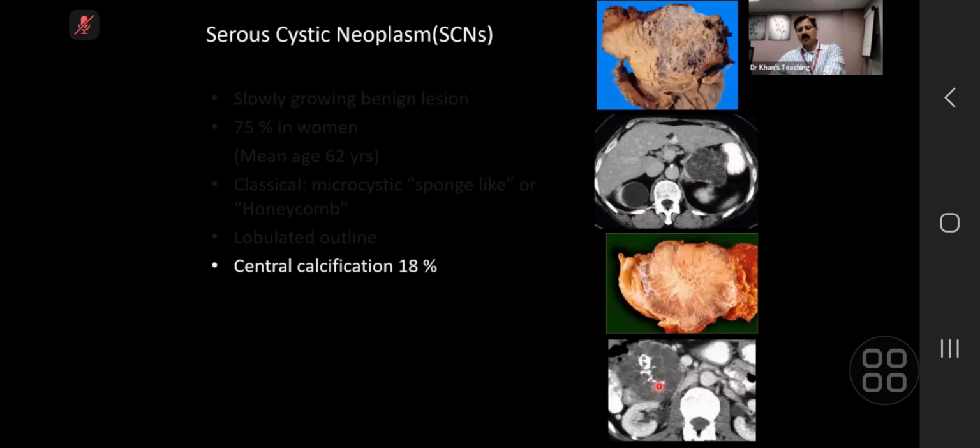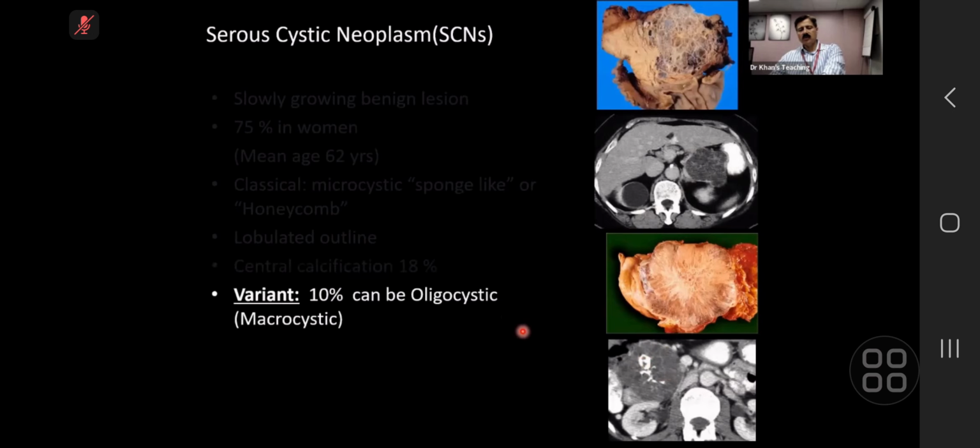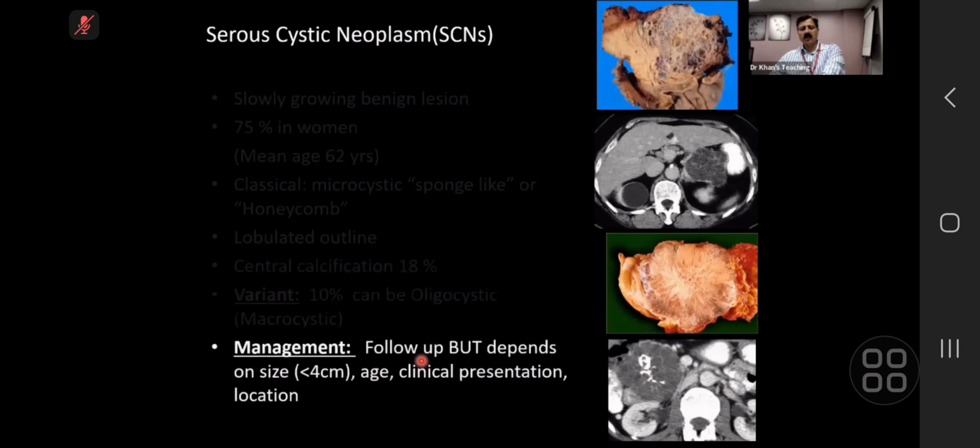If there is calcification, it will usually be central, and it can be seen in only 18% of cases, because there is a scar and there is calcification in the scar. The disclaimer is that at times they might be composed of just one or two cysts, and that is what we call the oligocystic type.